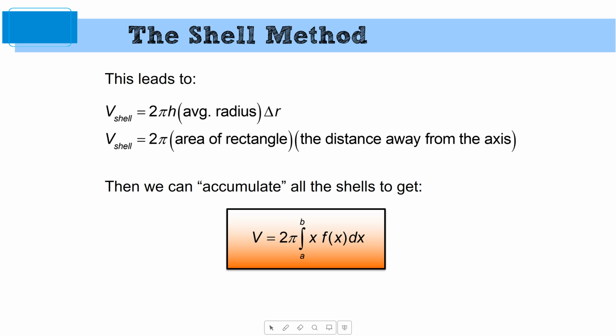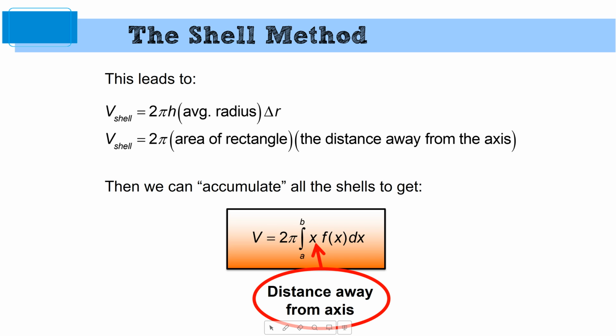For those of you that are formula memorizers, that's the one you're going to use. x is the distance away from the axis of revolution. Most of the time it will be x, but sometimes it will change, and you'll see that in the examples I have for you. Then this f of x dx is the area of the representative rectangle. f of x would be the height, dx would be the thickness. That's the r, which in that formula is the x value.